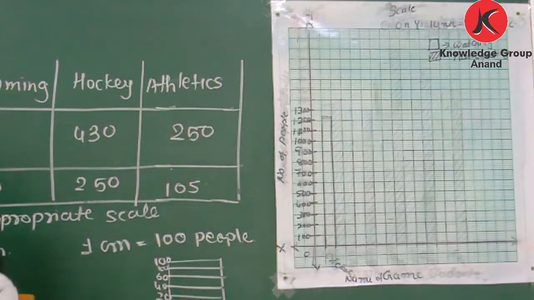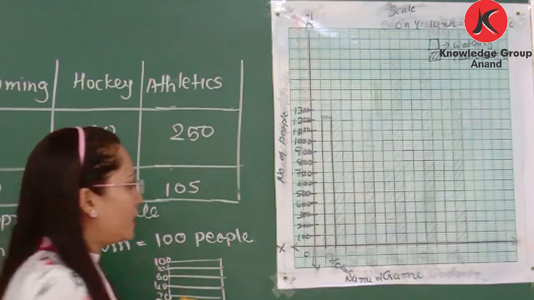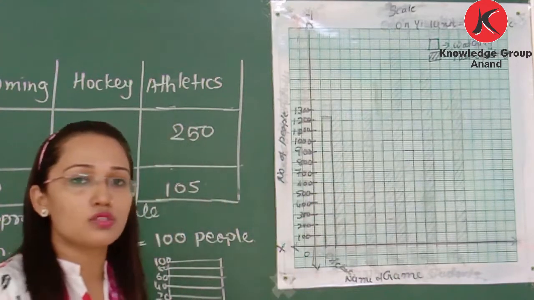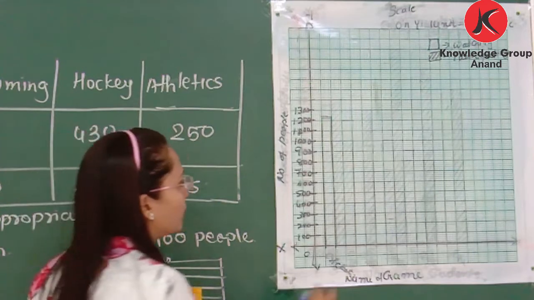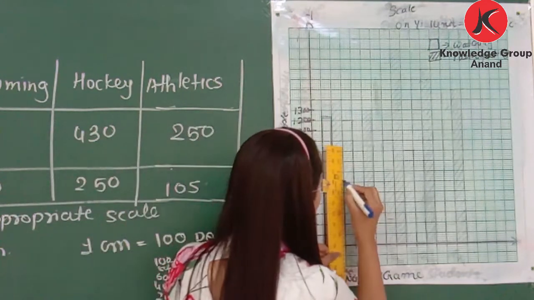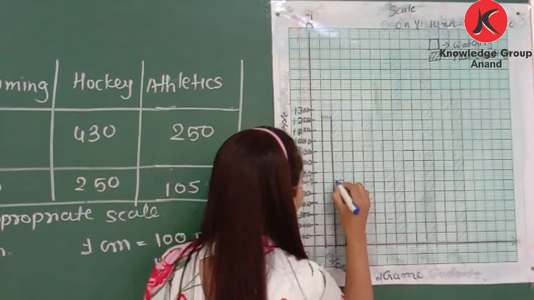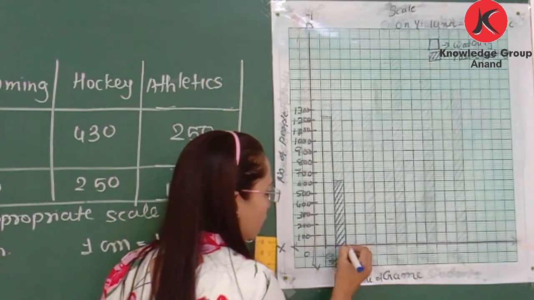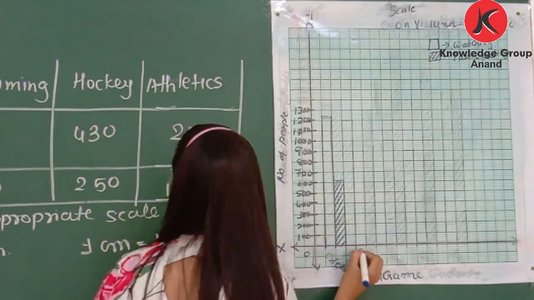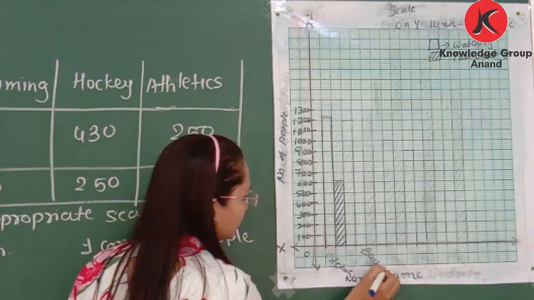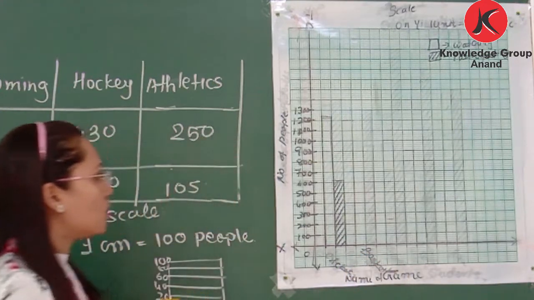And participating is 620. From 600 you need to take one line, because one line represents 20 people. So after 600 you take one line. Now take one space and give the name: basketball.